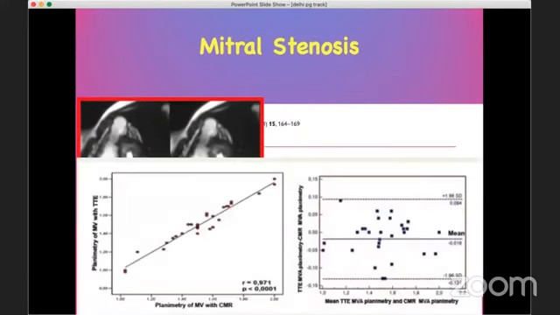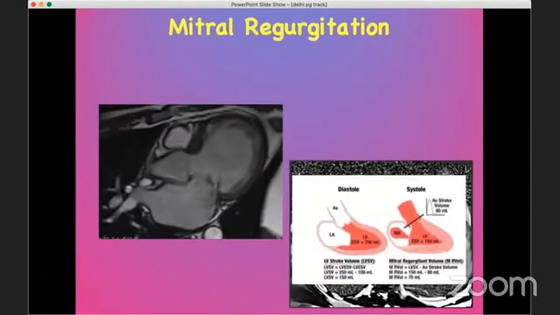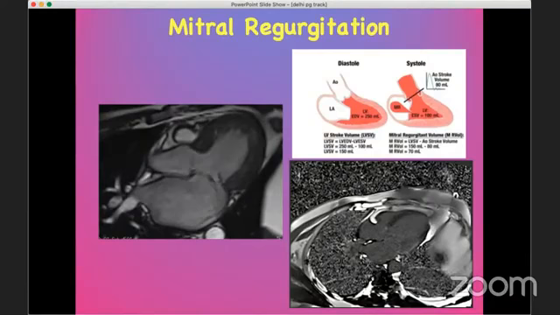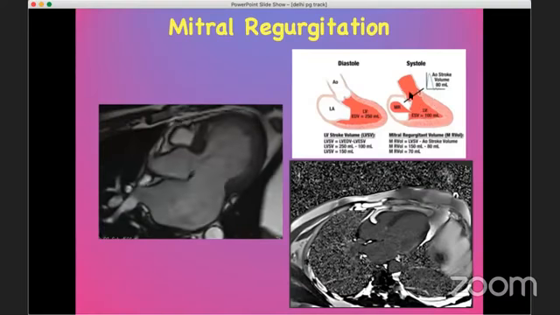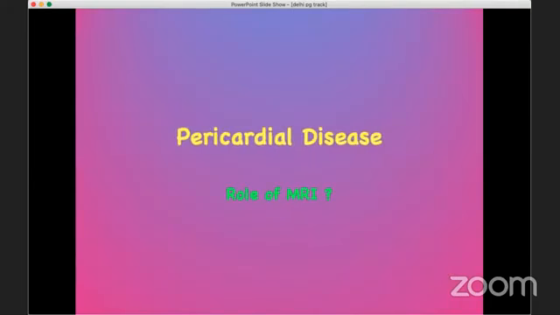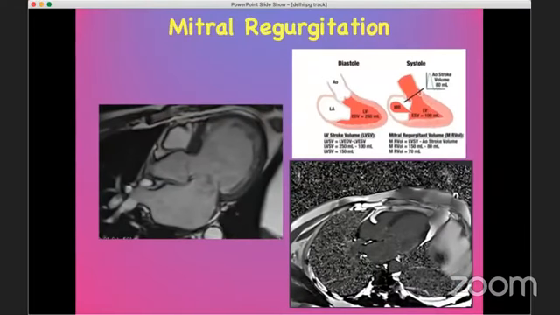And if you look at the law of conservation of mass, what it means is that whatever left the LV should go into the aorta. And if there is a deficit in the aortic flow, it means the rest of the blood has gone into the mitral regurgitation. So the stroke volume of the LV minus the volume of blood flowing through the aorta gives us a very, very reproducible mitral regurgitation volume, as well as a mitral regurgitation fraction, which is extremely accurate, again, when you're sequentially following these patients.